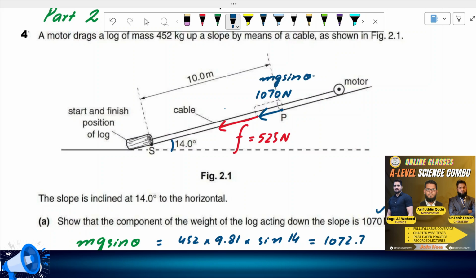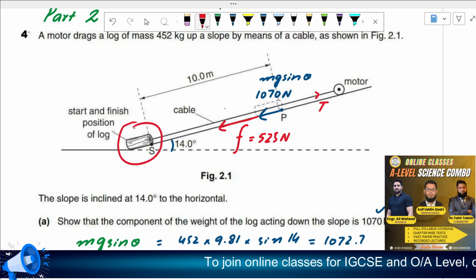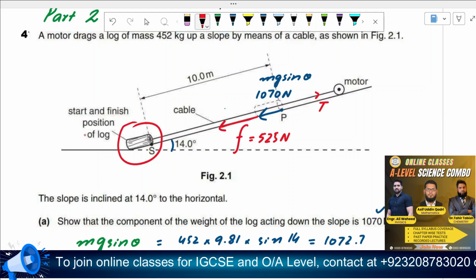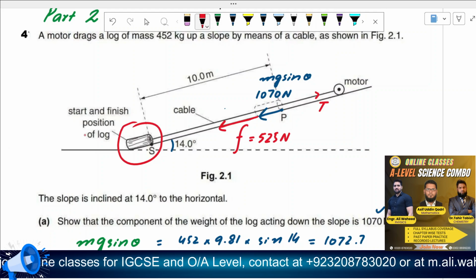So is there any other force? Yes, there is tension also, which would be in this direction, because this log would try to stretch the string, but the tension would try to compress it.